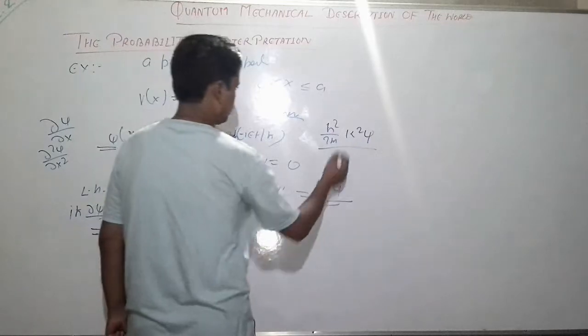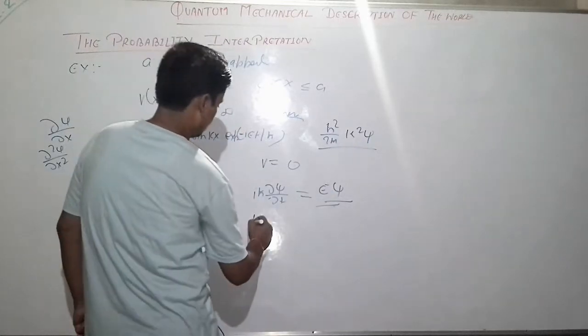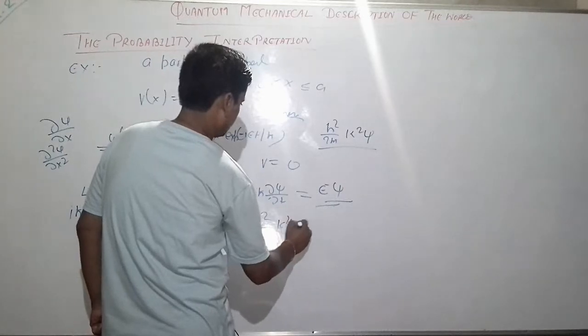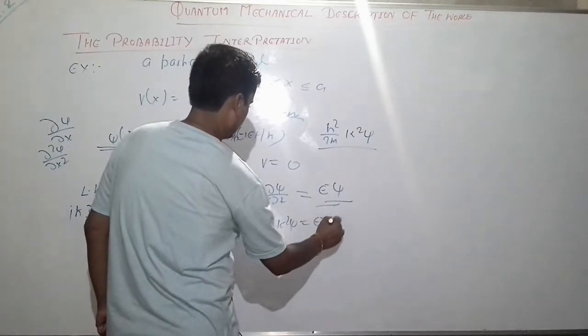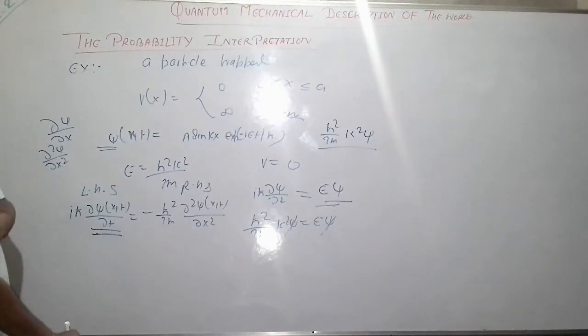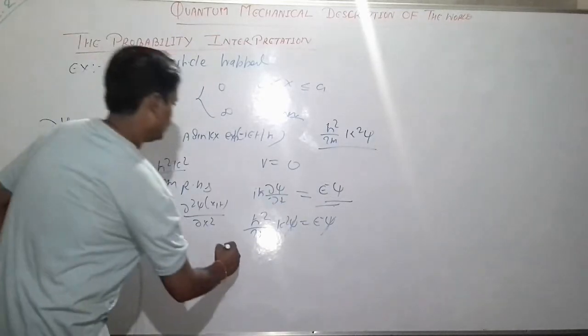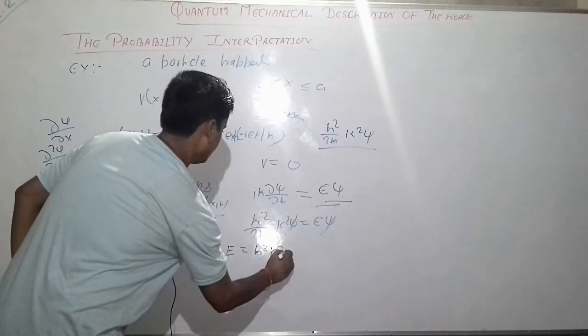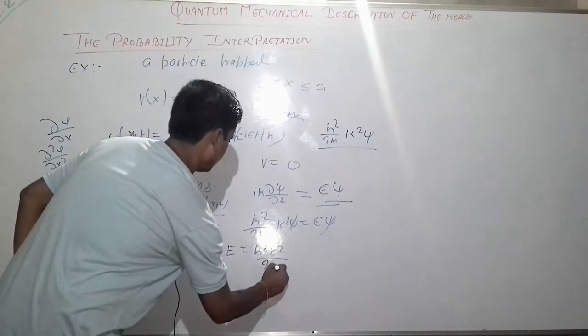When we equate these two values, we get h-bar squared k squared psi by 2m is equal to E psi. So E is equal to h-bar squared k squared by 2m.